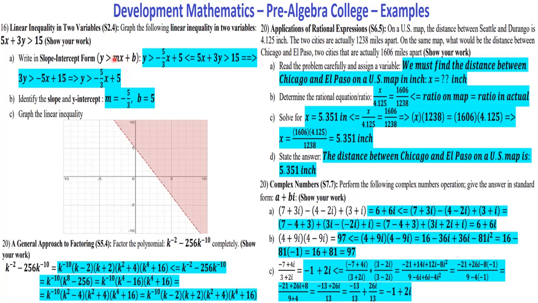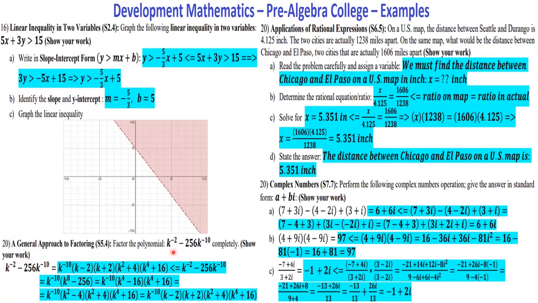So the slope is minus 5 over 3, and b is 5. Then the shaded area is the solution area, the feasibility region, and the dotted line means it is greater. There is no equal sign here. Okay.